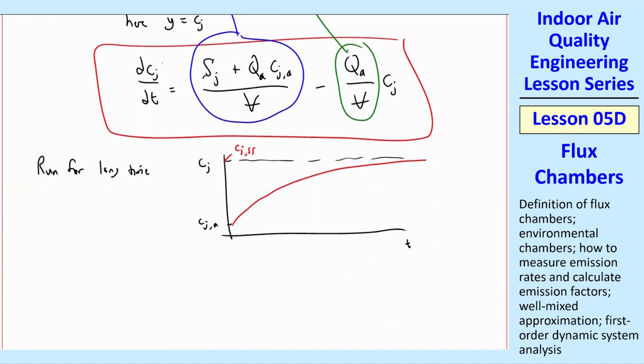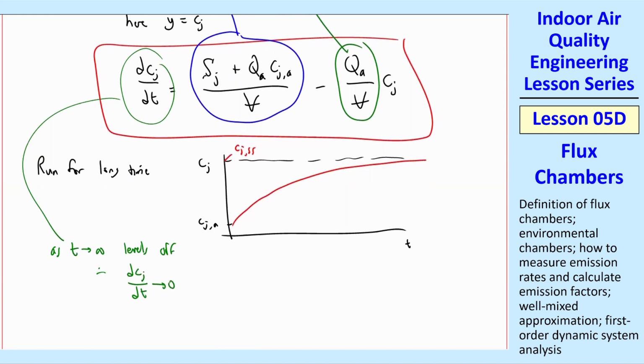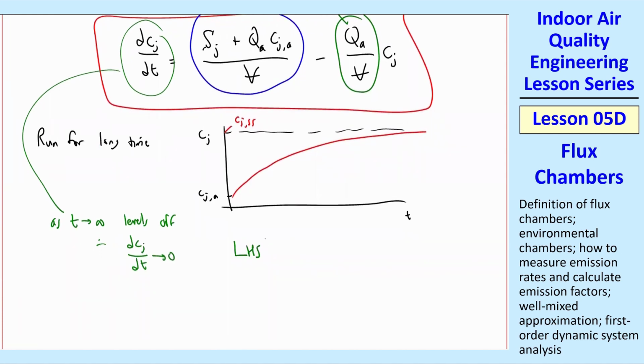Mathematically, if you run it for a long enough time, as t goes to infinity, C_J levels off. Therefore, the derivative dC_J/dt goes to 0. So the whole left-hand side goes to 0. The left-hand side of the above equation is 0.